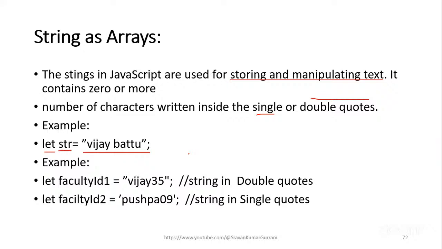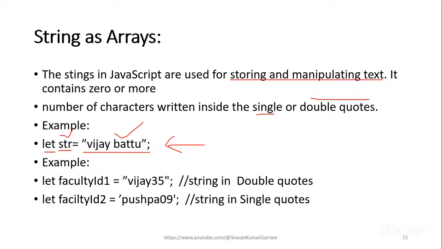But whatever you write should be enclosed within single or double quotation marks; that is treated as a string variable value. So in this statement, str is a variable, and the value we are trying to store in str is Vijay Bhattu.